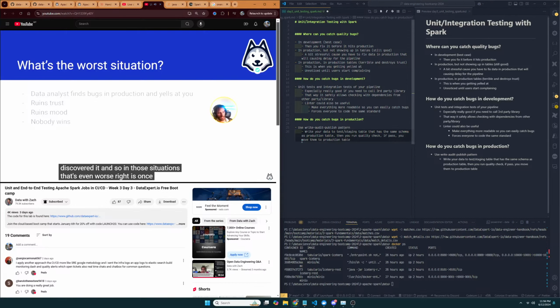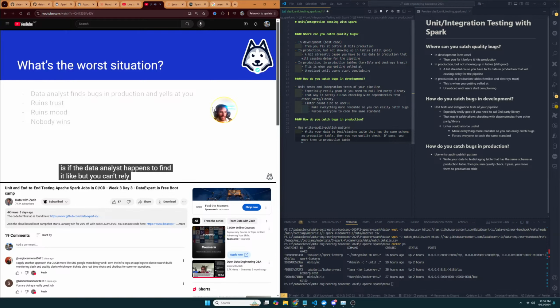Once you have people or algorithms starting to make decisions based off of bad data, that is the absolute worst case scenario, because then you're actually making a negative impact on the world. And that's something we're also trying to avoid. This is essentially the last bastion of data quality, if the data analyst happens to find it.